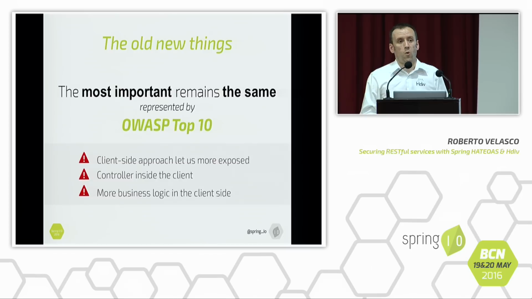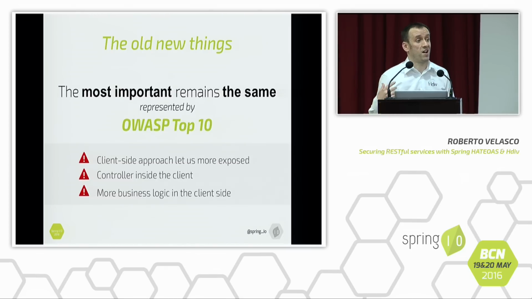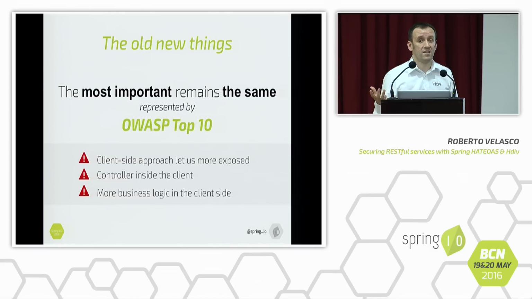Why are these not new things? Because we consider that many of the issues that we can find when we develop APIs are almost the same as we were seeing before. I am talking about the server-side part of the API. I mean, we are talking about the OWASP Top 10 basically and things like that.